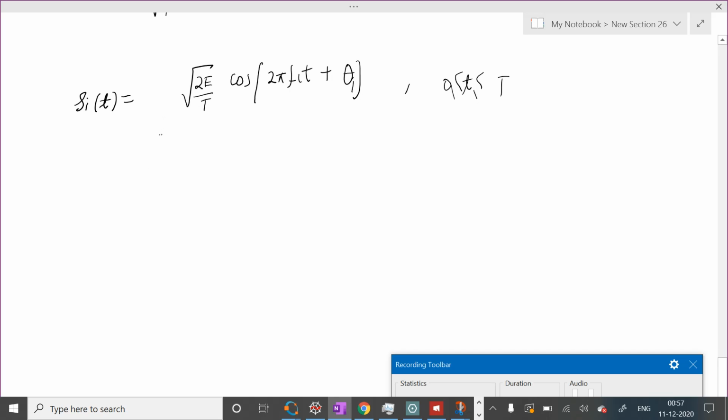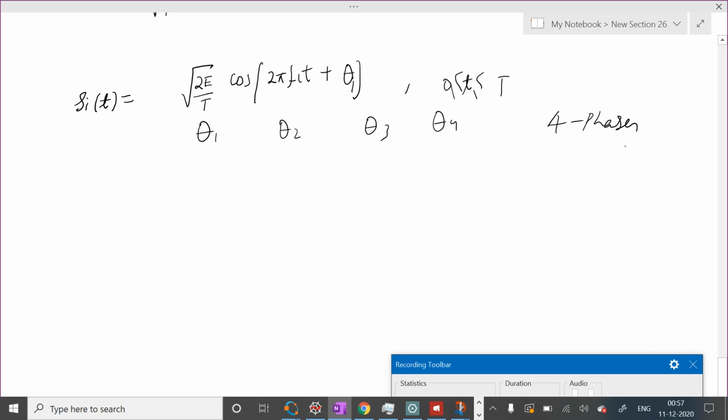So I may choose theta i to be some particular phase. Let me say any phase. So we will choose theta 1, theta 2, theta 3, theta 4. Let's say only 4 phases I choose.